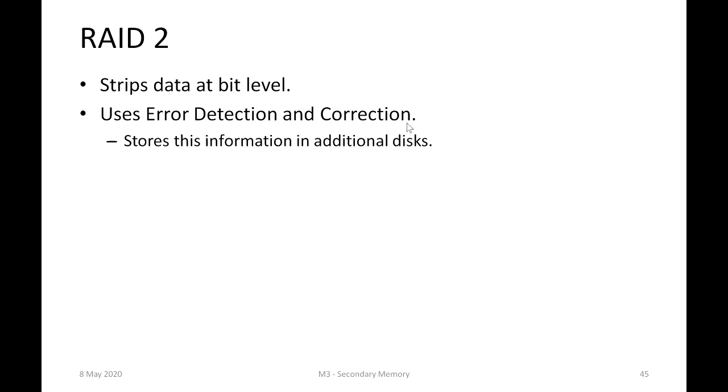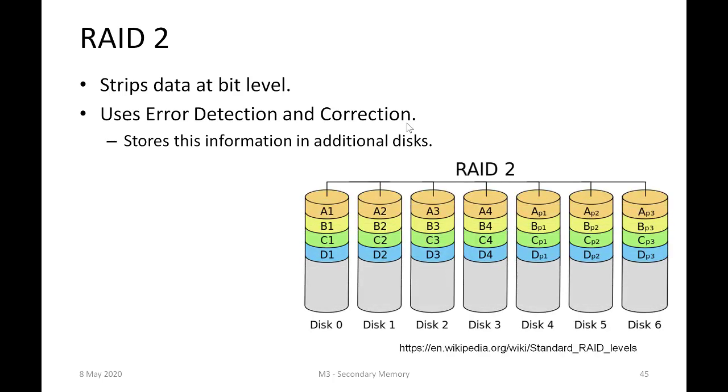To store this extra information we need additional disks. So if we have our storage having, for example, 7 disks, in RAID 2 we would be using the first 4 disks to store the actual data and the remaining 3 disks to store their error detection and correction codes.